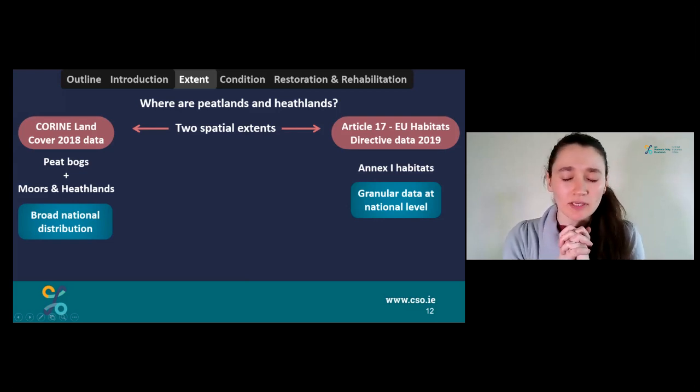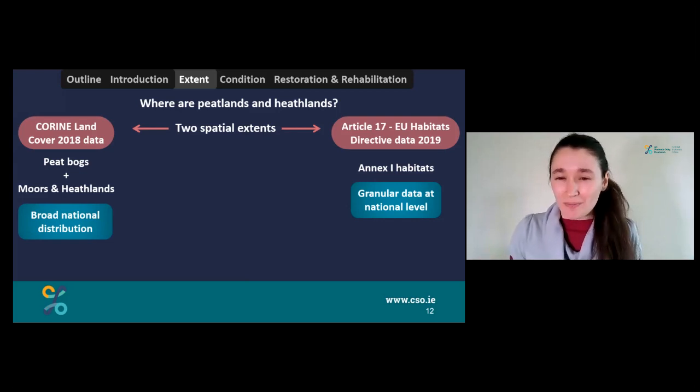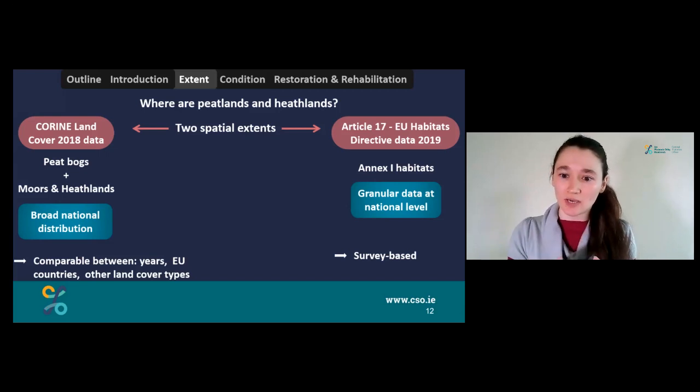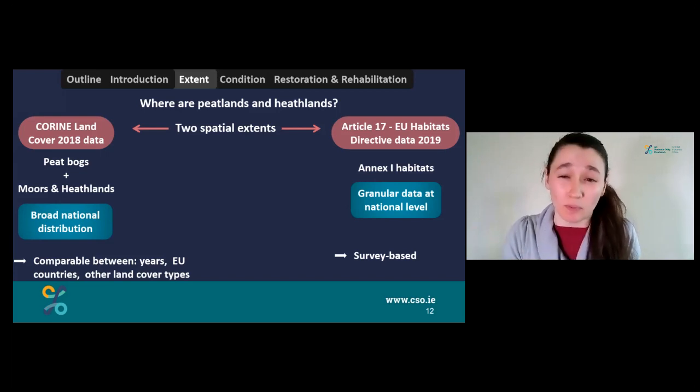Well, that's really great, but why didn't we use just Article 17 data, you might wonder, because they present the level of detail that we require. Well, because they are survey-based. So it means that at a particular location, if a habitat is not reported, it means that either this habitat is indeed not at this particular location, or that this location hasn't been sampled.